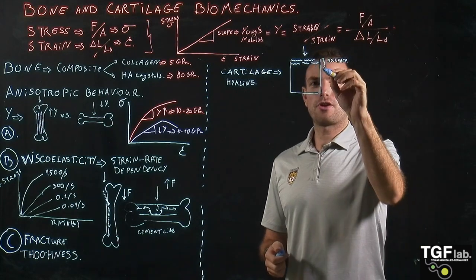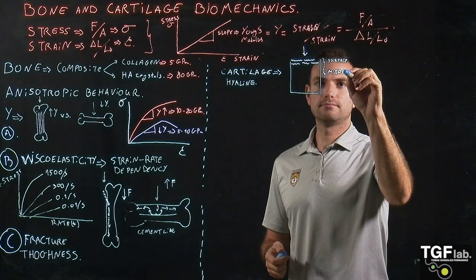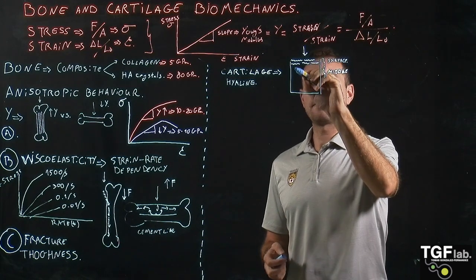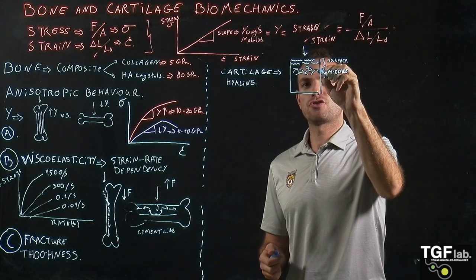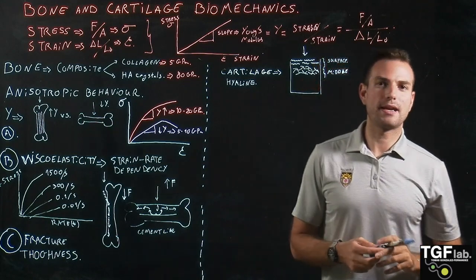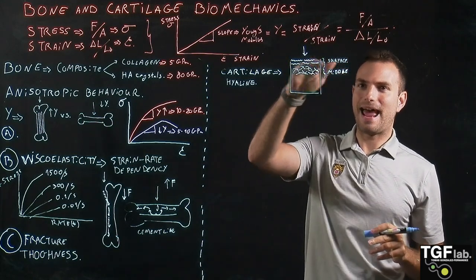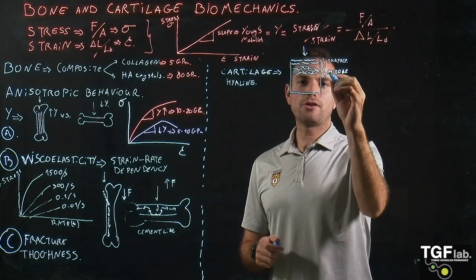And then here we are going to have the middle layer. In the middle layer, the fibers are going to be arranged in a chaotic manner, okay? So there's not going to be this really nice alignment that we have in the surface layer. Then we have the deep layer.